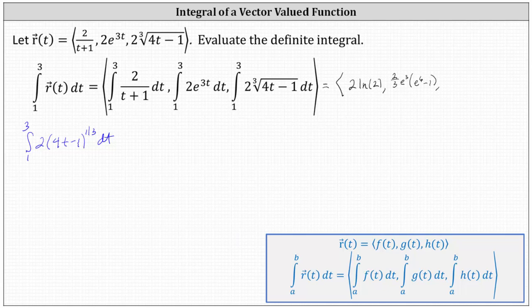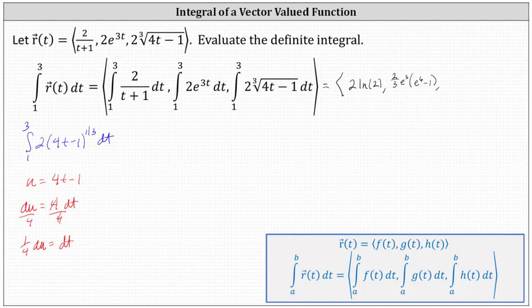Again, we need u substitution, where u is equal to the base of 4t minus 1. du is equal to the derivative of 4t minus 1 times dt, giving us 4 dt. Notice we have 2 dt, not 4 dt. We could divide both sides by 2 for a perfect match, but for consistency, I'm going to divide both sides by 4, indicating 1/4 du equals dt.